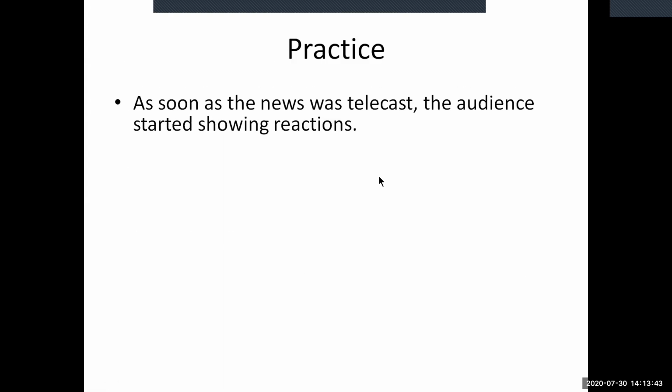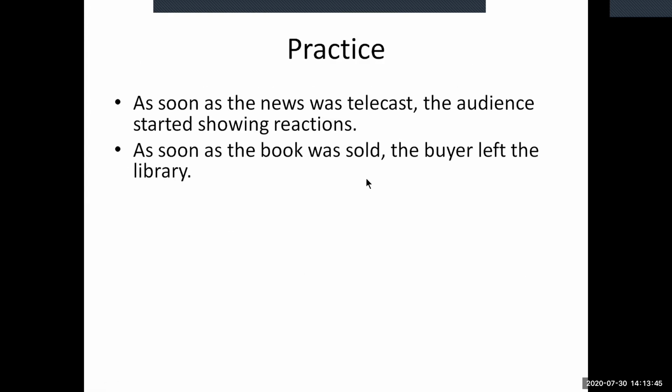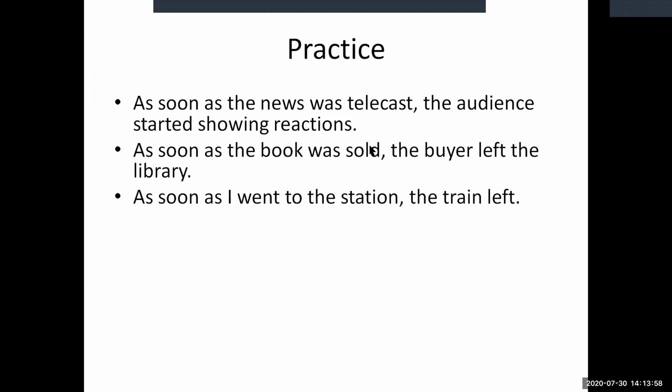Here are some practice sentences for you to do at home. Please write down these sentences in your homework copy and make the sentences negative by using the same rule. The first one: as soon as the news was telecast. As you find "as soon as" directly used in the sentence to be made negative, just use the structure "no sooner had ... then," and the sentence will be negative.